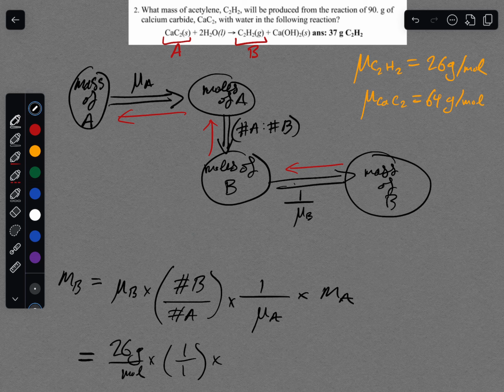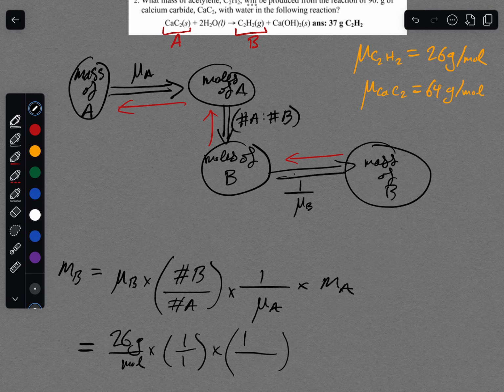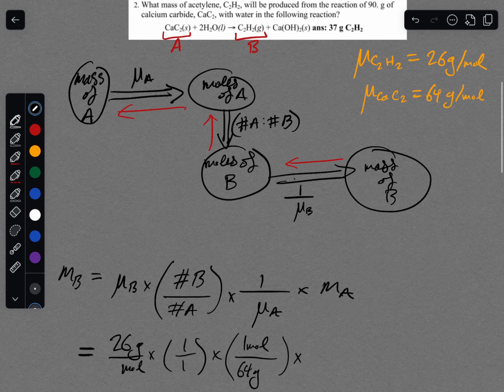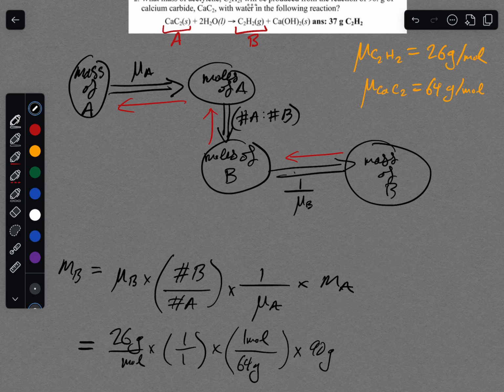I'm being very glib with the units here, but that's okay. Then the inverse of the molar mass of CaC2 is just going to be 1 over 64 grams. And then finally, the mass of the CaC2 that we're given is 90 grams.